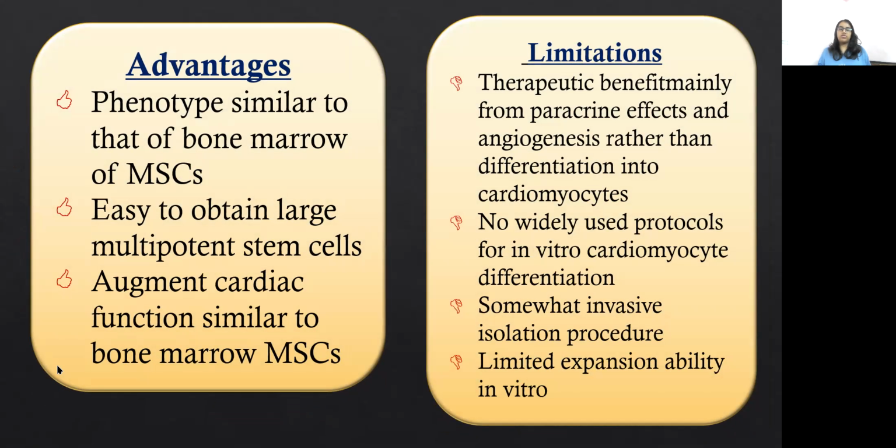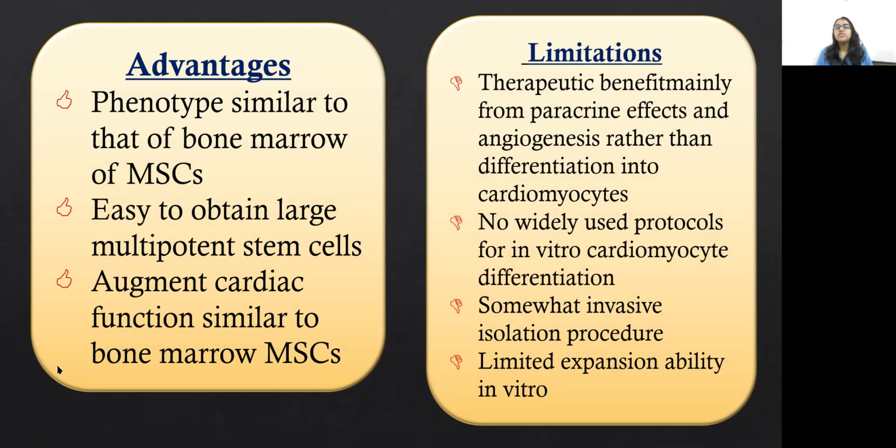Its phenotype is quite similar to that of bone marrow mesenchymal stem cells, so adipose tissue seems quite potential. Most important, as we discussed earlier, adipose tissue is readily available, and this could augment cardiac function similar to bone marrow mesenchymal stem cells.